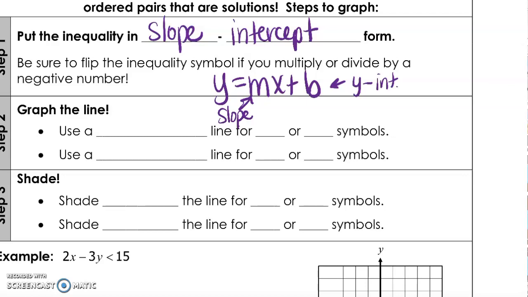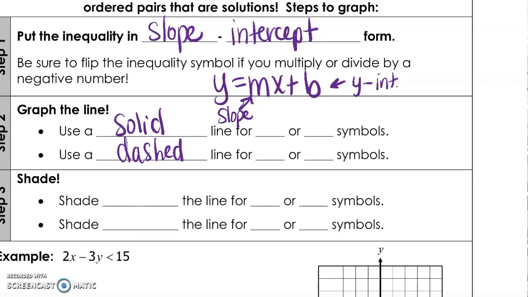When you connect your dots, you're either going to have a solid line or a dashed line. Just like when you did x is less than 3, you would have an open circle. So when we had inequalities before, we had to decide if we had an open circle or a closed circle. So now we have to decide if we have a solid line or a dashed line.